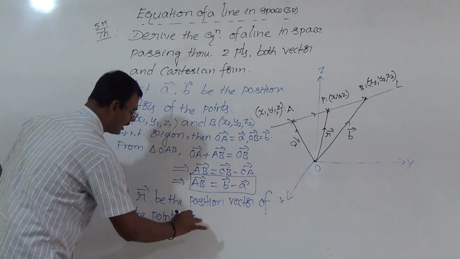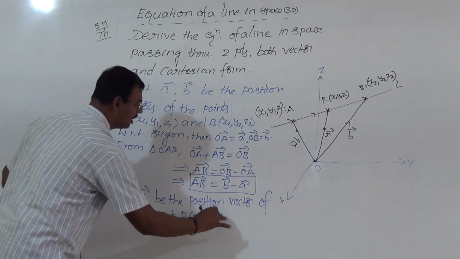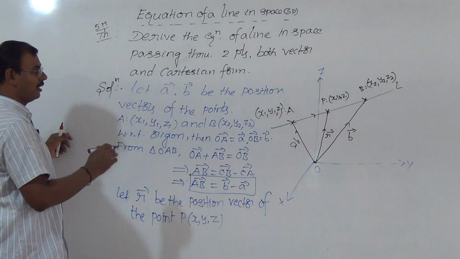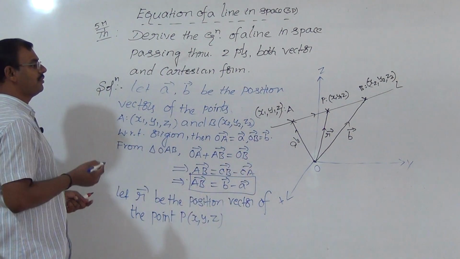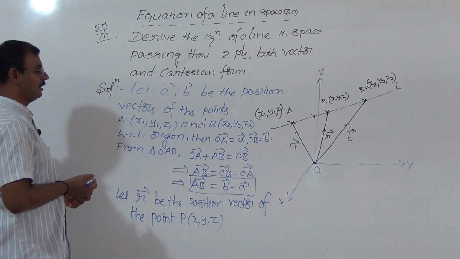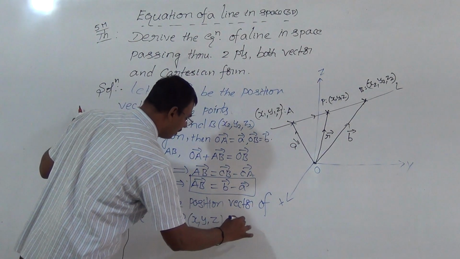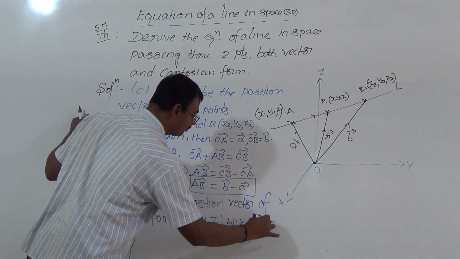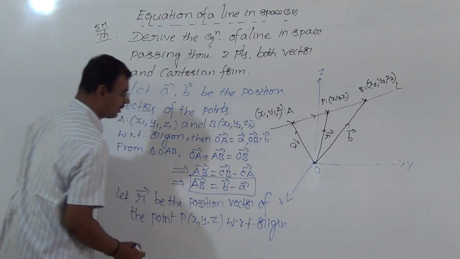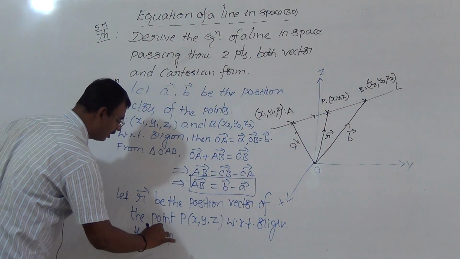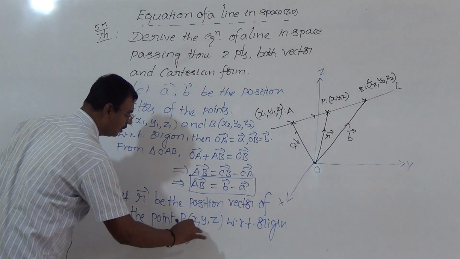It is any point on the line, that is a locus point, because it represents any of the number of points. So take the general point (x, y, z) with respect to the origin. Then OP bar is equal to R bar.